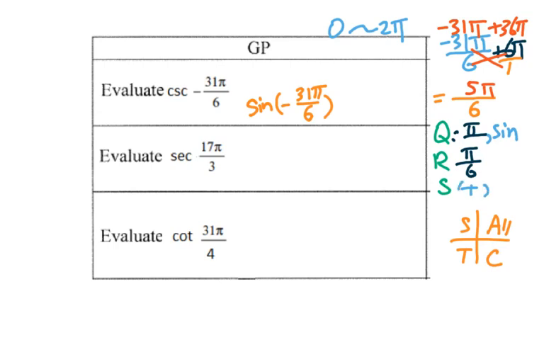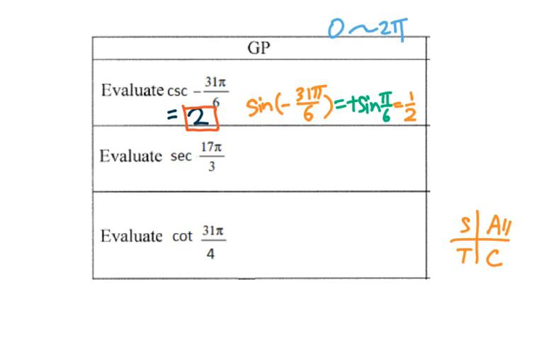That means positive. Therefore, I will get positive sine pi over 6. Pi over 6 is 30 degrees. Therefore, you get 1 over 2. Now, when I flip 1 over 2, I get positive 2. That's the answer for cosecant negative 31 pi over 6.